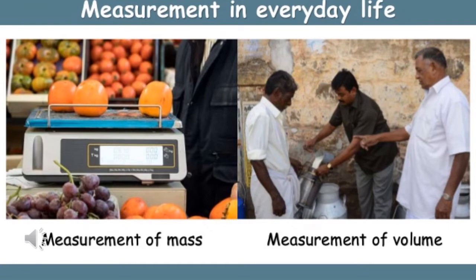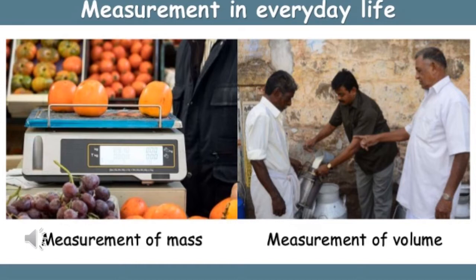Okay, so for example, measurement, we actually use measurements in our daily life, but we do not observe it from very nearby. So I have shown in the representation the measurement which we use in our daily life. For example, if you go to a grocery store, there is a balance which is called the weighing balance, as you can see on the left.